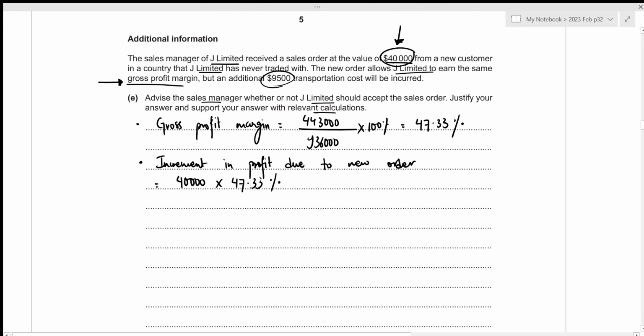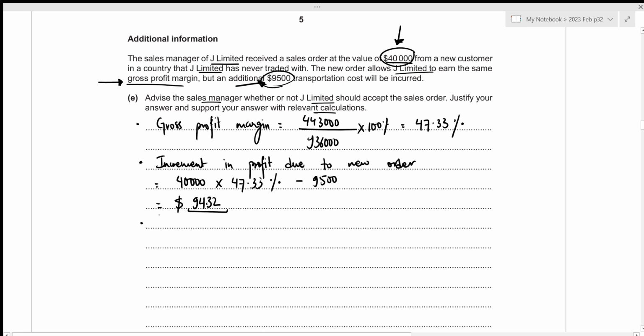But also remember that we have to incur an additional transportation cost of 9,500, and costs should always be subtracted. Now this results in the increment in profit due to the new order to be 9,432.